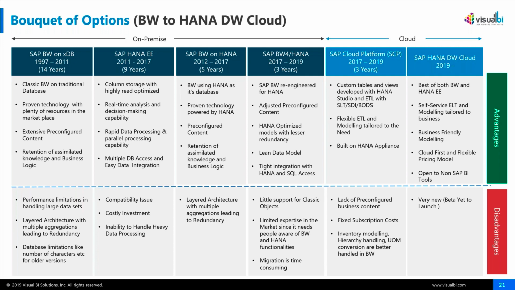And we thought that was going to be the future, but companies like Snowflake really disrupted the data warehousing market. So SAP decided to launch an offering with very flexible pricing, in the cloud, with some of the best of both BW and HANA capabilities.